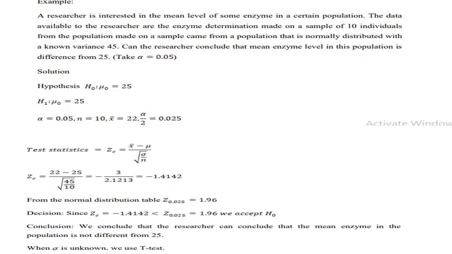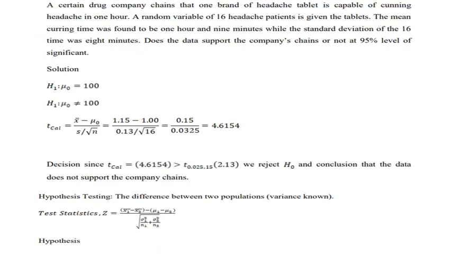So when sigma is unknown, as I said the other time when we were talking about estimation, we use the t-test. The same thing applies here. A certain drug company claims that one brand of headache tablet is capable of curing headache in 1 hour.